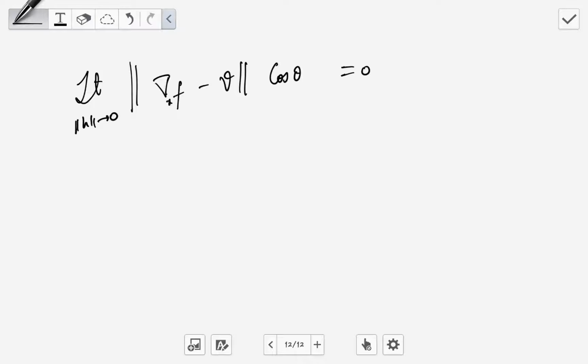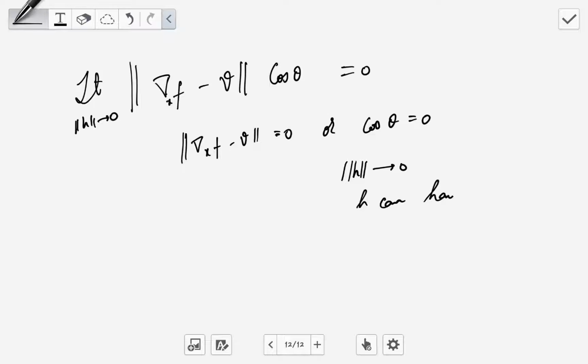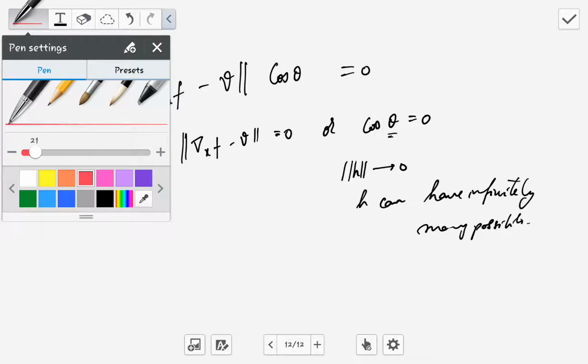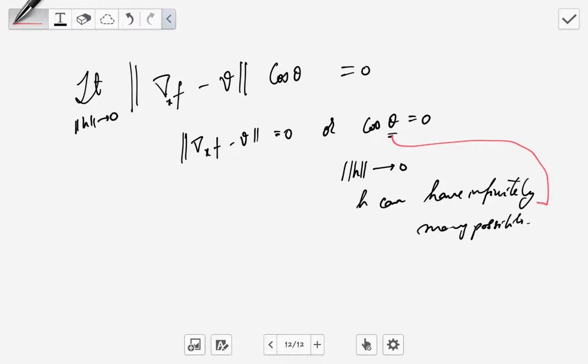Now you have two possibilities, either or. But you see here, norm h tending to 0 means h can take infinitely many possibilities, because it can come in any direction. That means theta can have infinitely many possibilities, because theta is the angle.